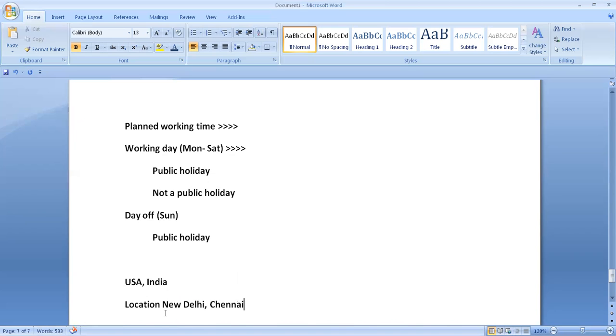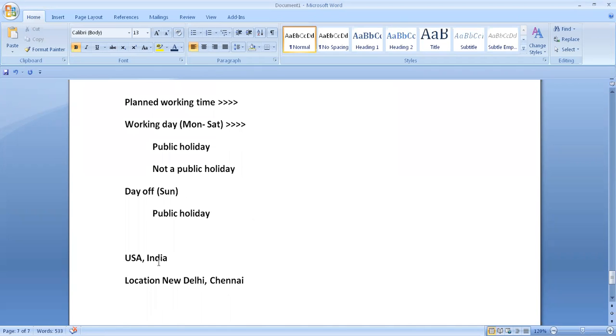Based on this, you are specifying, varying from location to location. Pongal may be applicable in Chennai and may not be applicable for some employees of the same company. Or Chhat Puja may be applicable in Delhi or not. So within the country also, location wise, we are maintaining the difference.